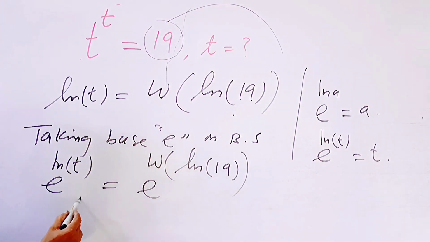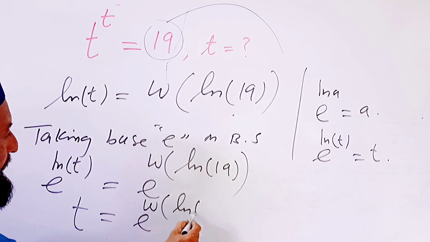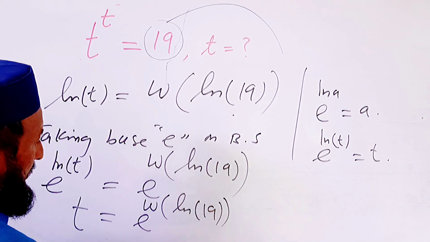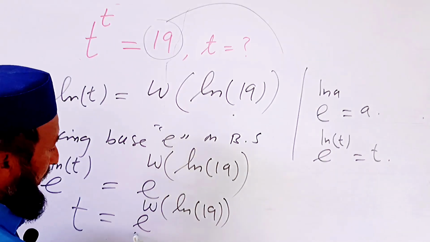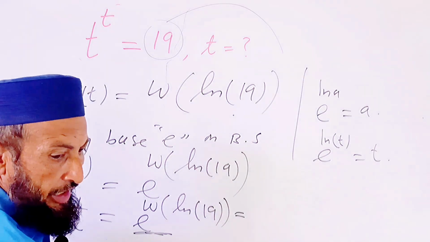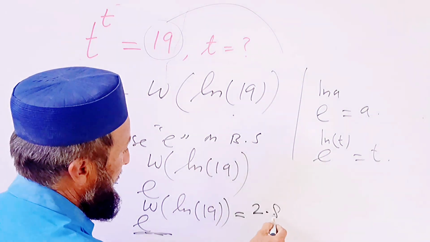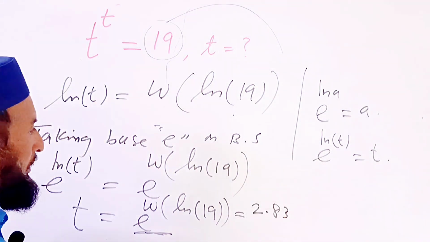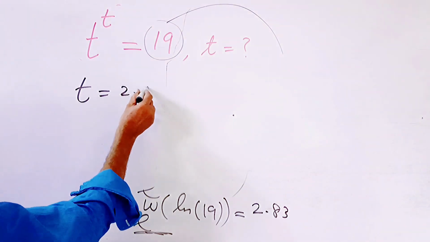So this will be equal to t, that is, t is equal to e to the power W of log of 19. If we calculate this result, we get 2.83.